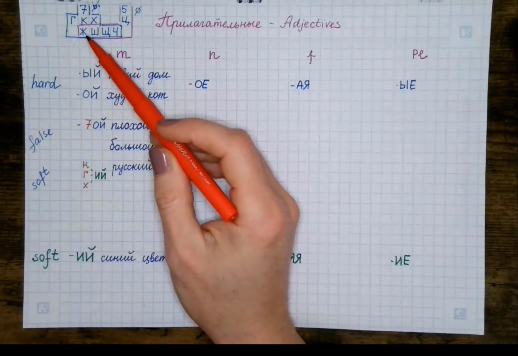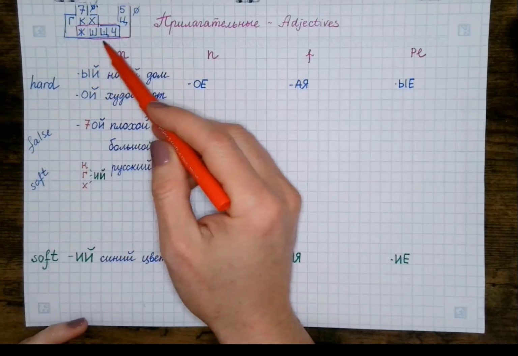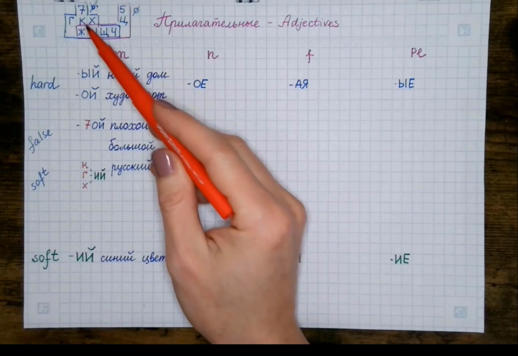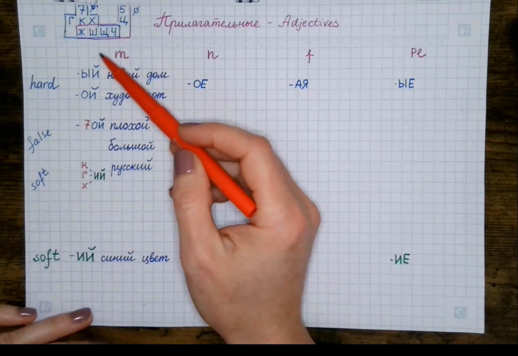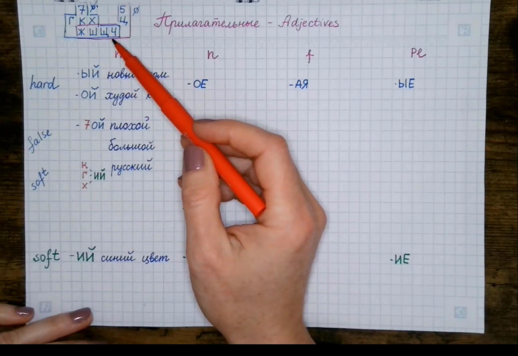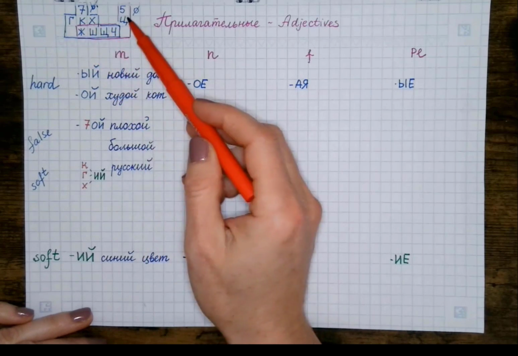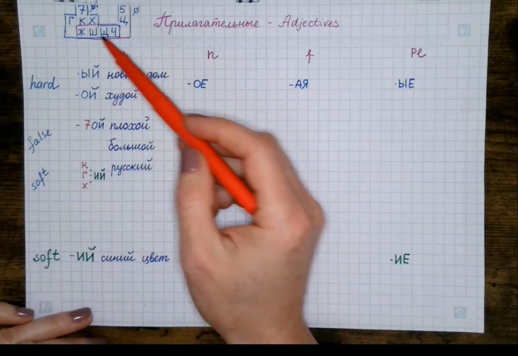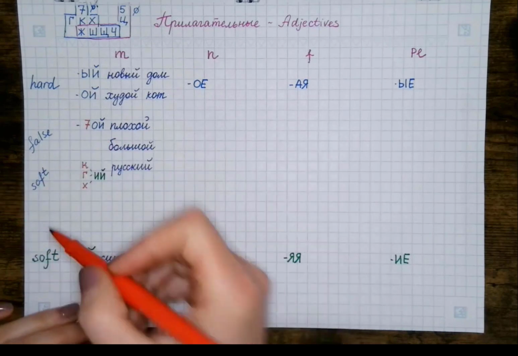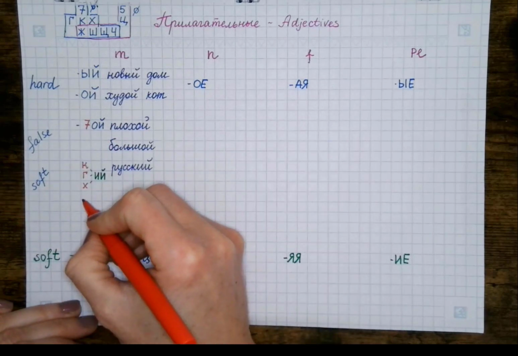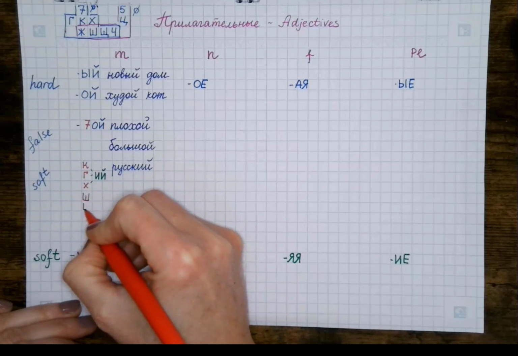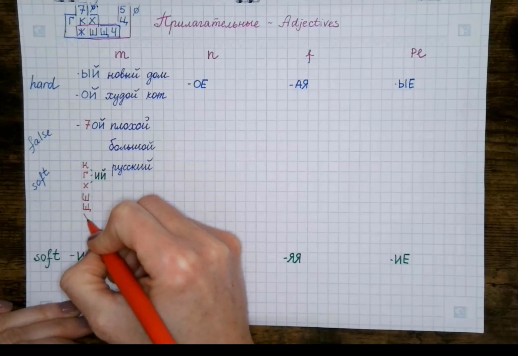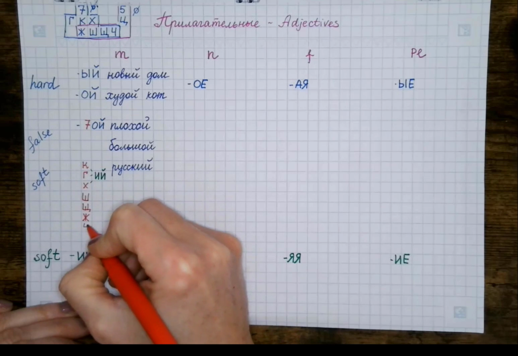Now what we have left here are letters Ж, Ш, Щ, and Ч, which are also part of the 7-letter rule. But also they're part of the 5-letter rule that cannot have the unstressed O. So G, K, H are not affected by the unstressed O, but these letters will be. So let's write them down here. Ш, Ж, and Ч.